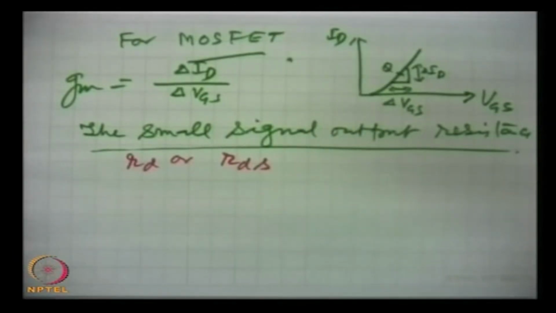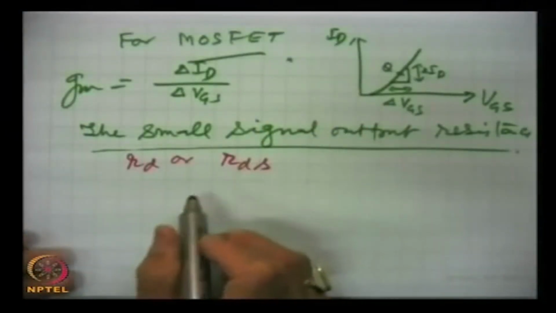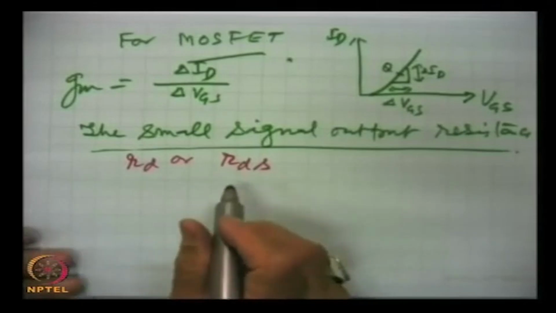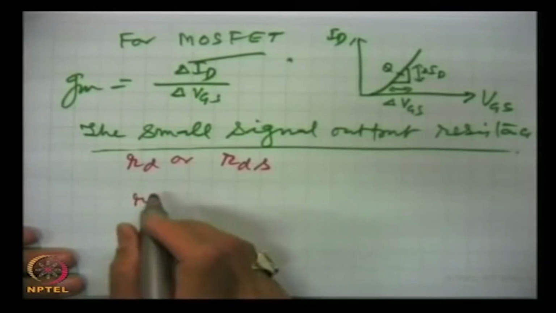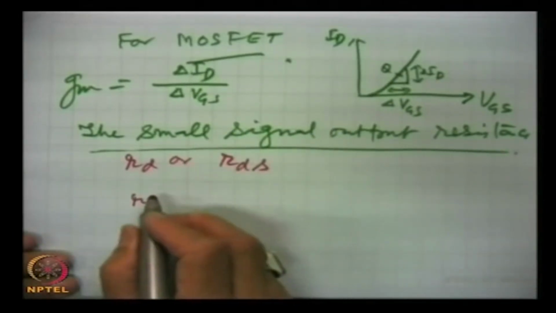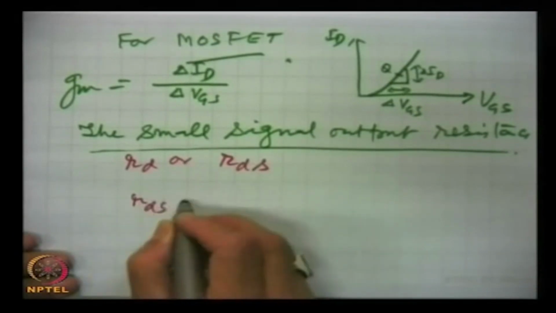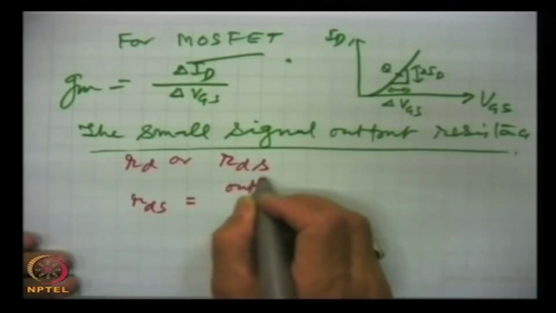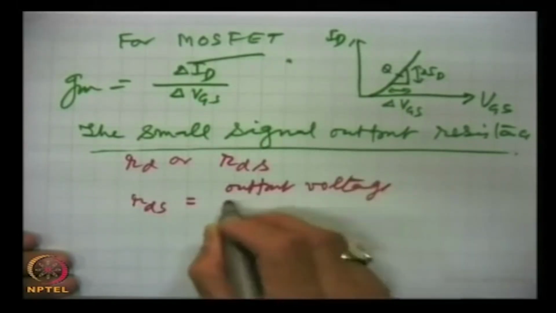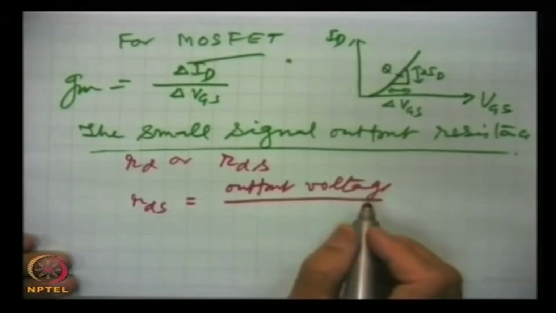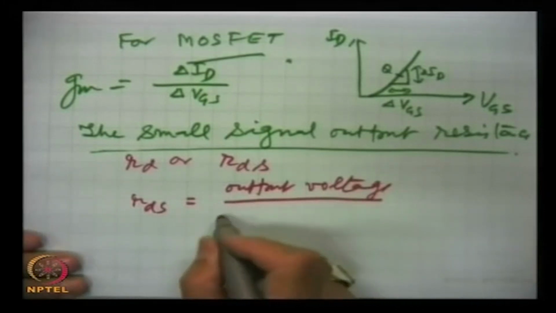This is actually the resistance of the channel in the circuit, and this is defined as RDS is equal to output voltage by output current.